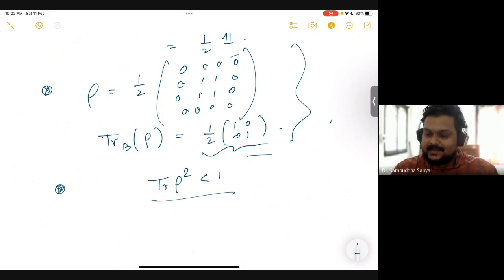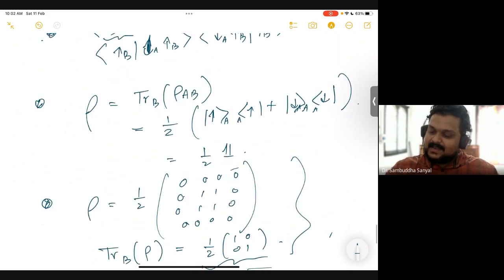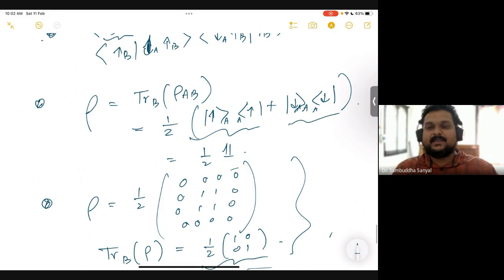Right? So this copy is basically a mixture of up and down, 50% mixture of up and down. And this is one way to prepare a mixed state: I started with an entangled state, and Bob's version and Alice's version individually are basically mixed states.